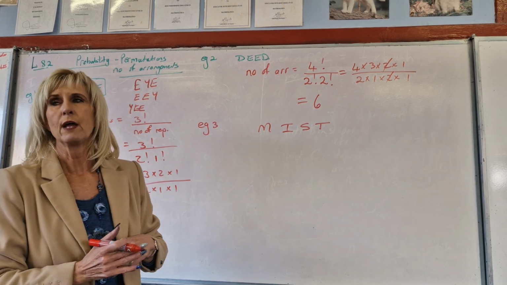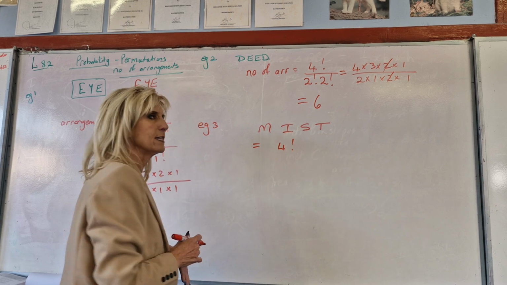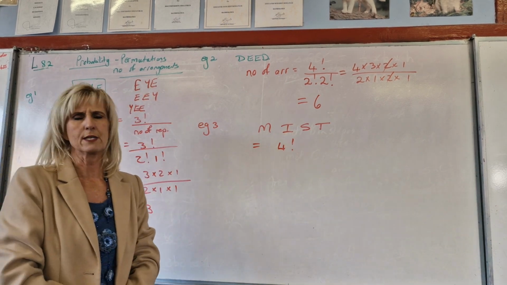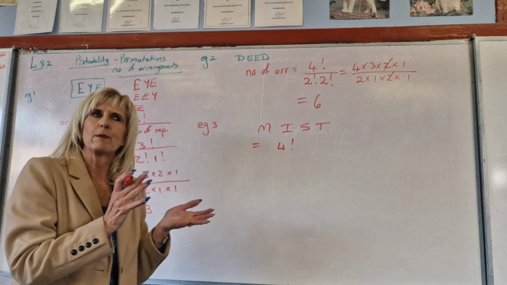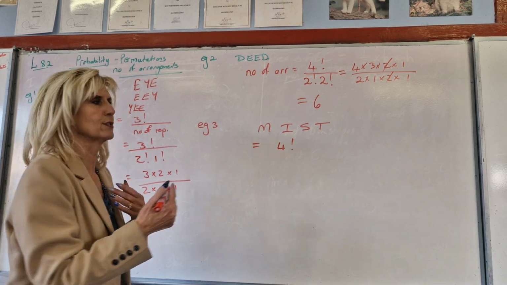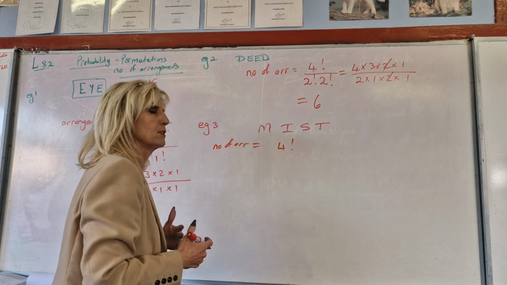So first of all, how many ways? 4 factorial. Okay, now guys, if you wrote exactly what I wrote there, they will give you your full marks. I don't like the way that probability is always written. I would like you to say number of arrangements. That's just me.